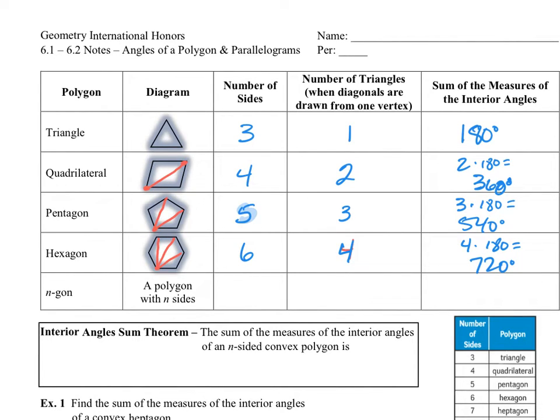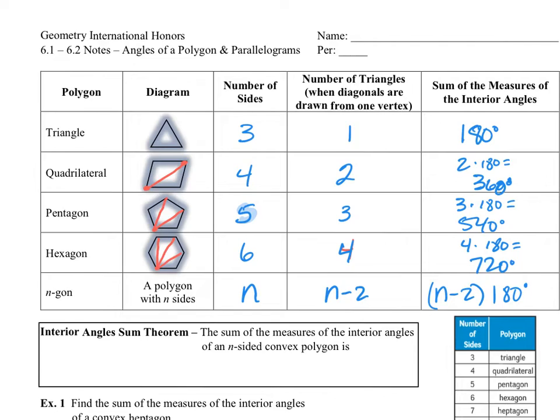So in general, if we have a polygon that has n sides, and we draw all possible diagonals from one vertex, there would be n minus 2 triangles. So to get the sum of the measures of the interior angles, we would take n minus 2, the number of triangles, times the total of interior angles of one triangle, which is 180, and that would give us the sum of the measures of the interior angles.